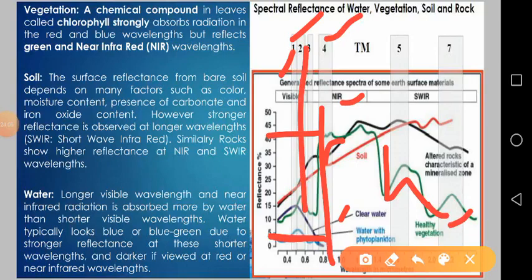The second band is the green band; if you use it, we are able to distinguish between clear water and turbid or impure water. So this is the importance of the spectral response of the various surface features on the earth.